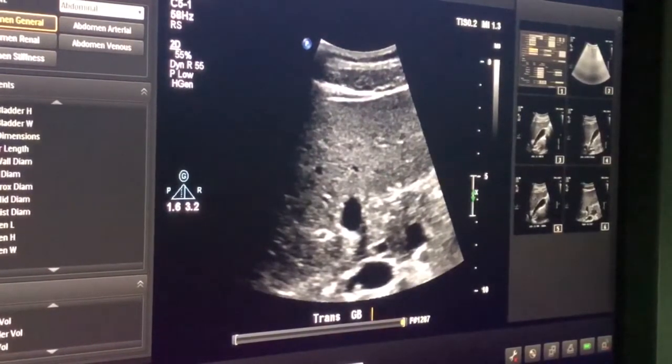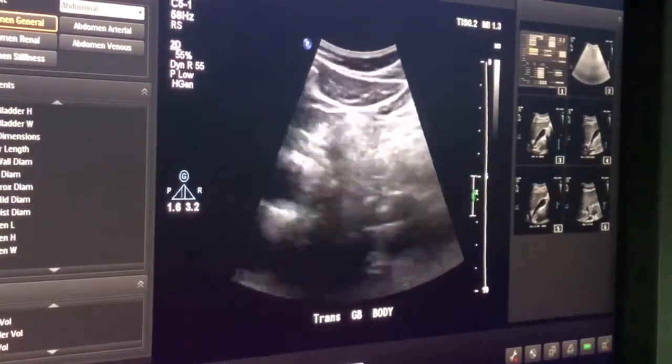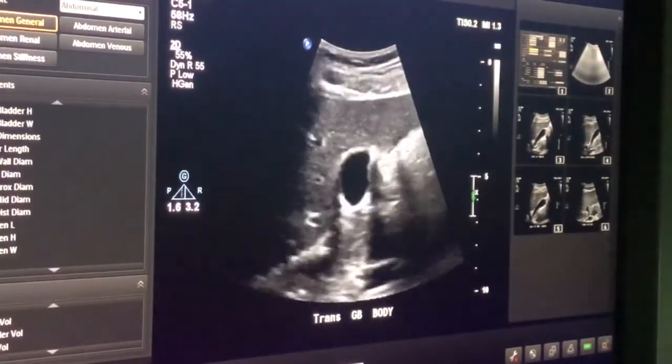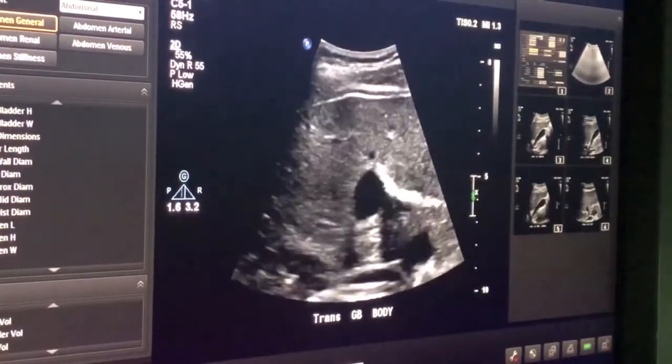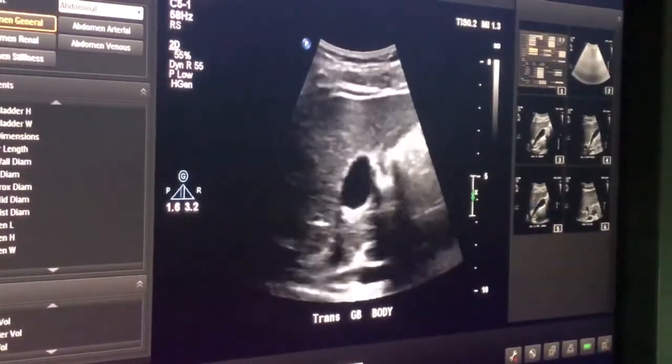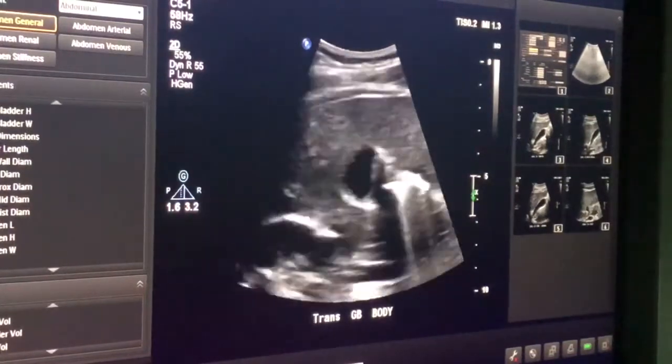Now I'm going to take a body picture. I'm going to have the patient take a deep breath in and hold again. I follow it all the way out to fundus, and then I go back just to make sure I'm not accidentally taking my body picture as the fundus.